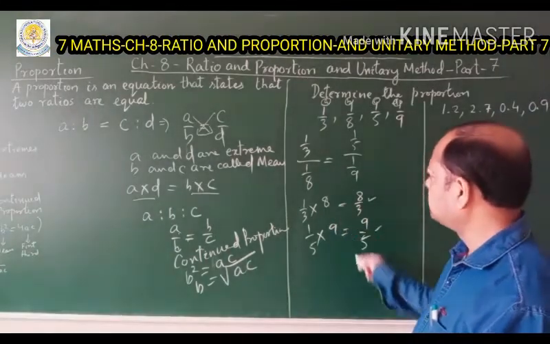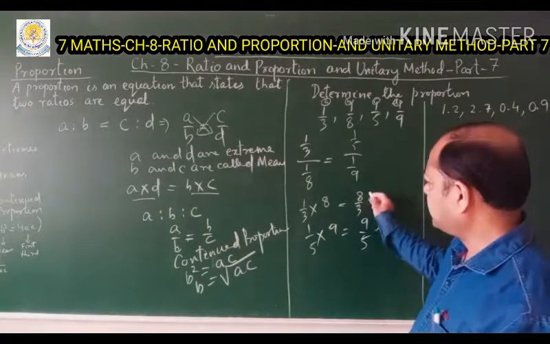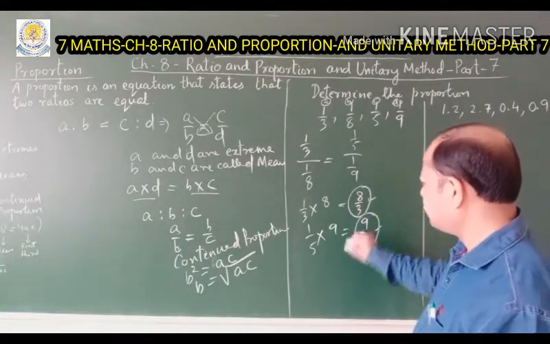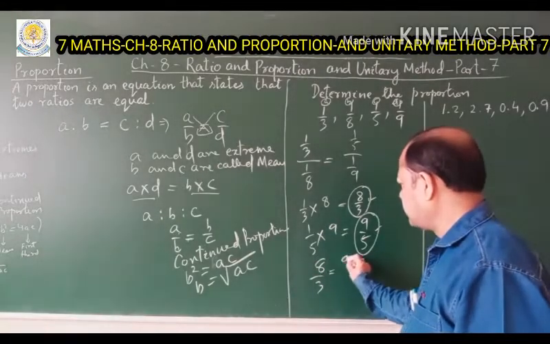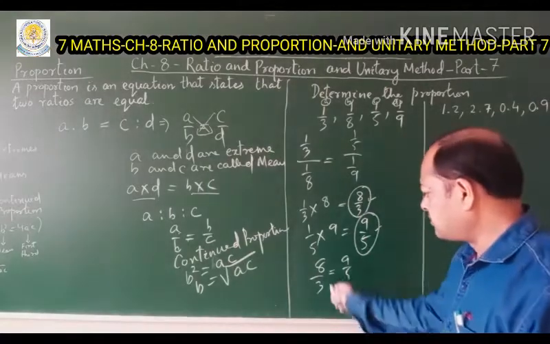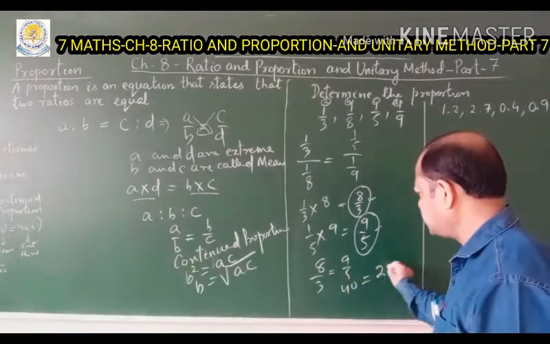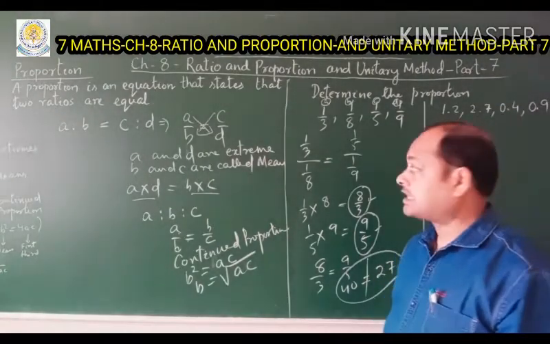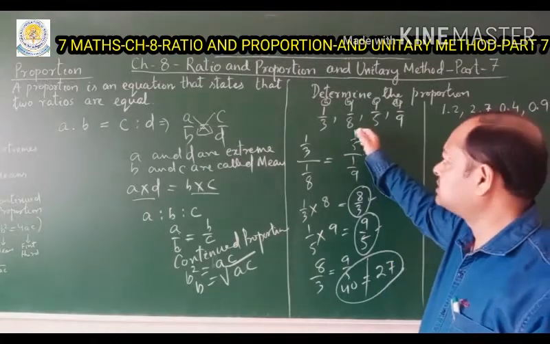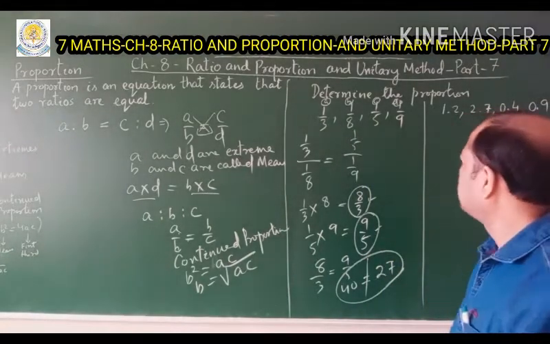If you cross multiply, 8 by 3 equal to 9 by 5, then 8 into 5 is 40 and 9 into 3 is 27. So 40 is not equal to 27. That means this is not a proportion. We cannot call it a proportion. Now let's check this one.